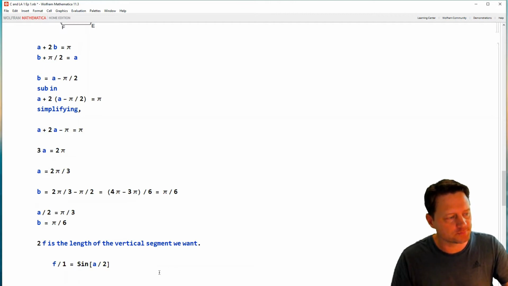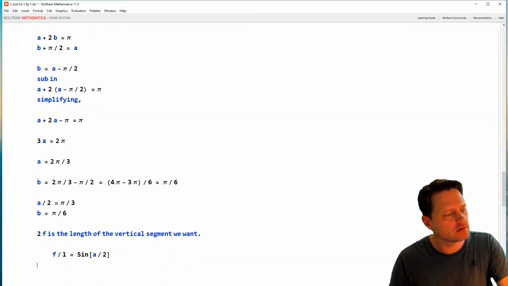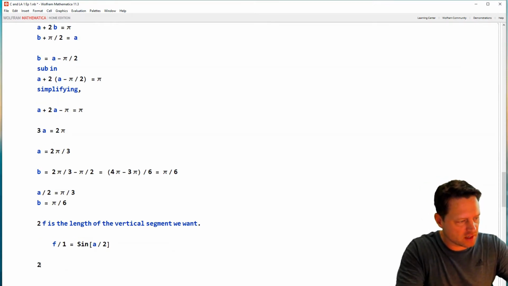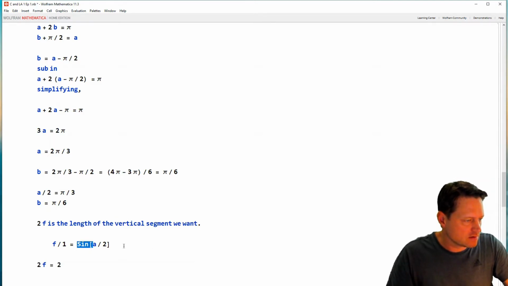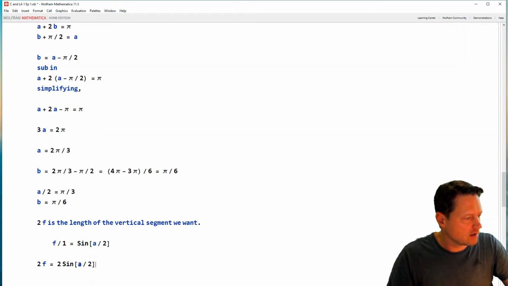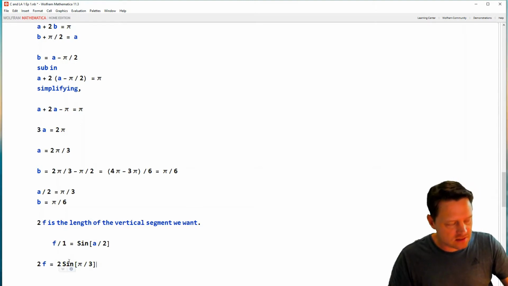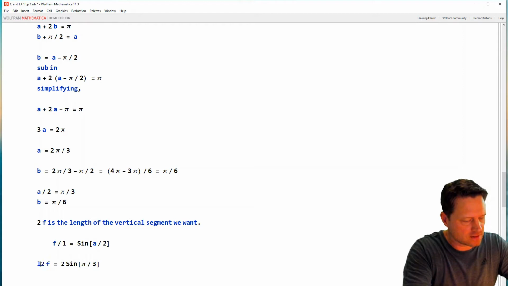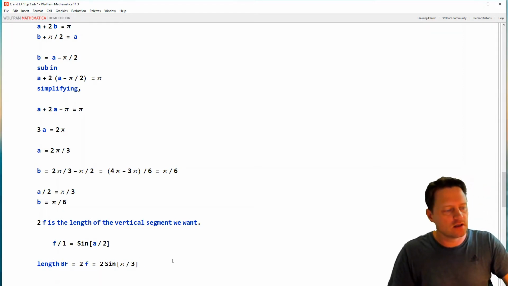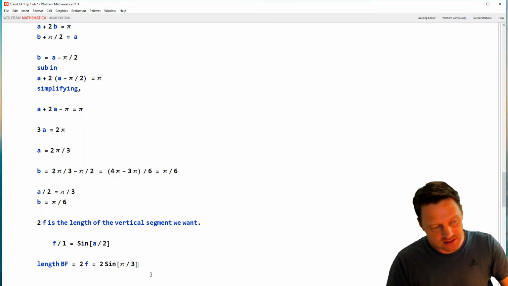Okay, so now since we want 2F, we'll multiply this by 2, so 2F then is equal to 2 times sine of a on 2, but we know a on 2 is pi on 3. Okay, so this is the length we want, which is, well, let's just write length BF equals this one, and then we just need sine of pi on 3.